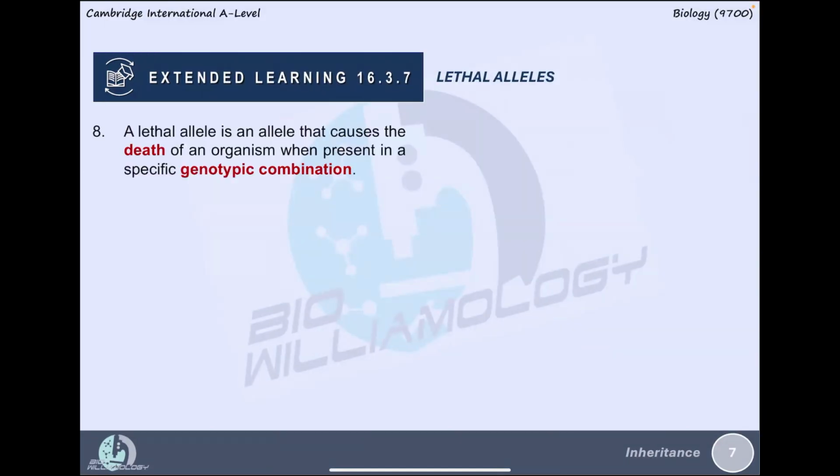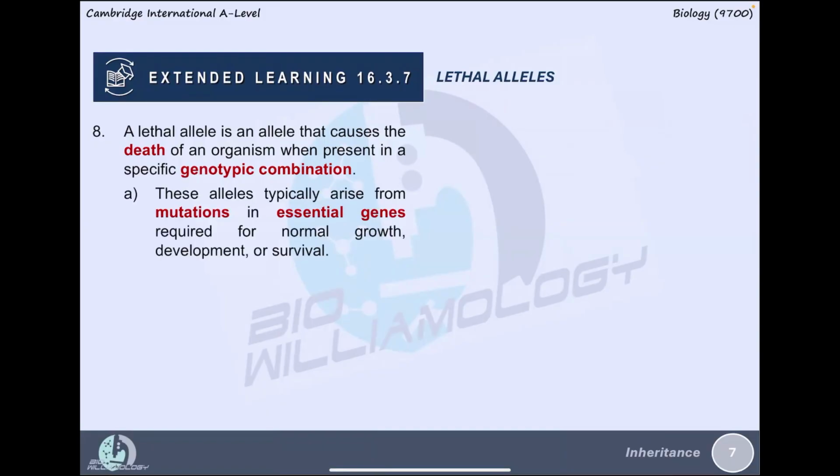A lethal allele is an allele that causes the death of an organism when present in a specific genotypic combination. In this case, we have the homozygous AY allele. When they come together, they act as a lethal allele. This allele typically arises from mutation in an essential gene required for normal growth, development, or survival.